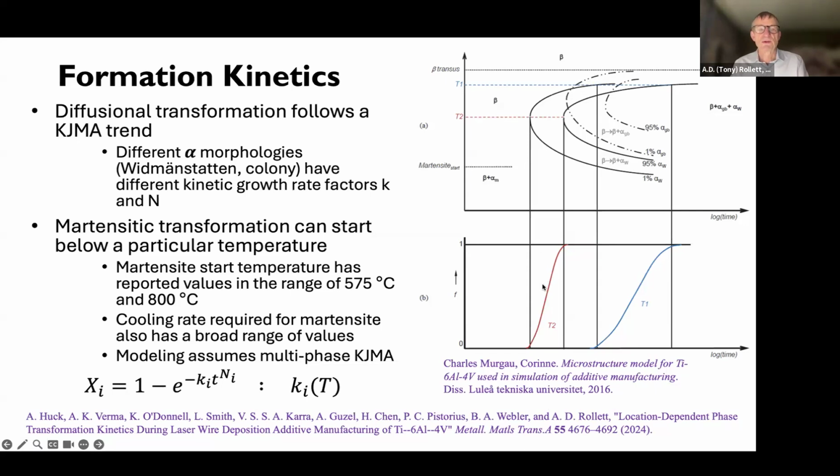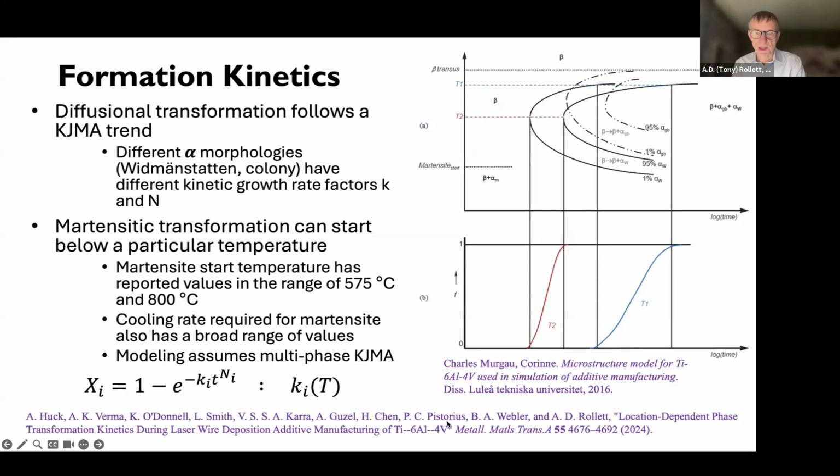And so if you want to model what microstructure to expect from this solid state phase transformation, you have to account for all of these possibilities. And you also have to account not just for the alpha beta lath, but for the possibility that you're going to get this so-called colony structure where basically you selected only one variant.